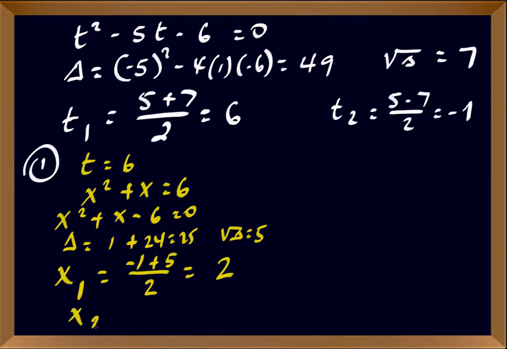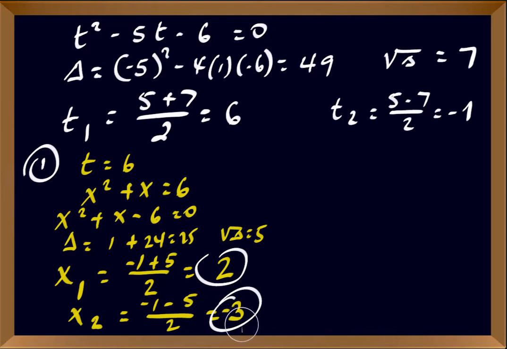And the second root is equal to minus 1 minus 5 over 2, which is equal to negative 3. So we have the two first roots, and they are all real. And we are going to check the second value of t to find the remaining roots.